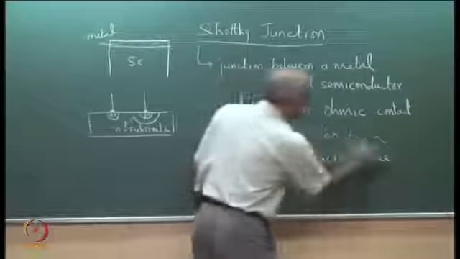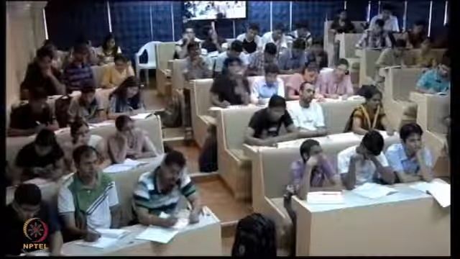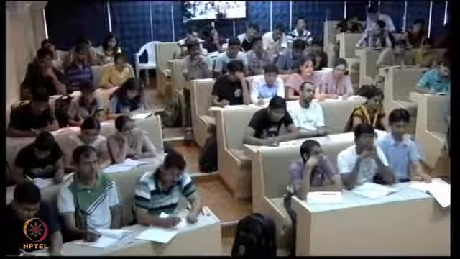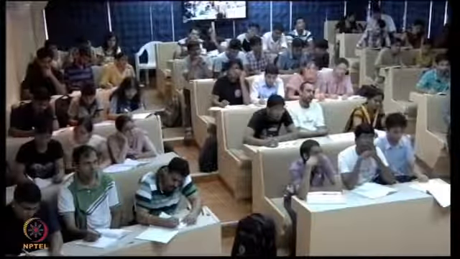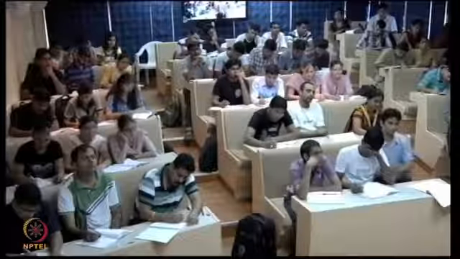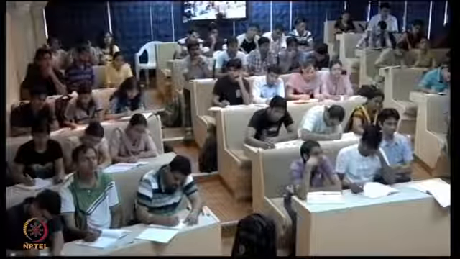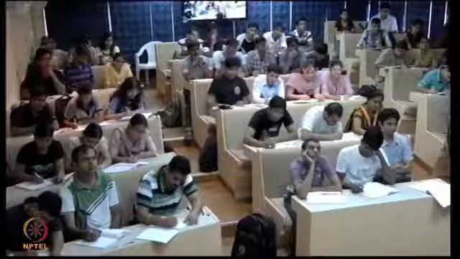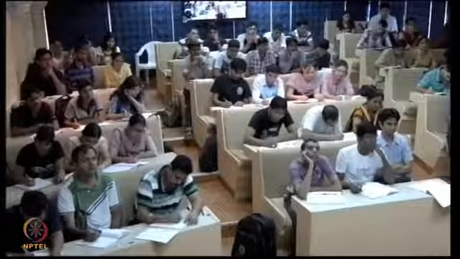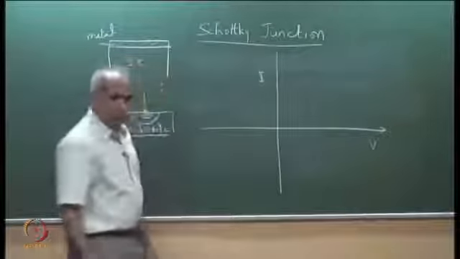So, let us see what I mean by rectifying contacts and ohmic contacts. A rectifying contact, as the name indicates, refers to a contact which allows current to flow in one direction but blocks it in the other direction, as in a diode. If I draw the IV characteristics, this is voltage versus current for a device.